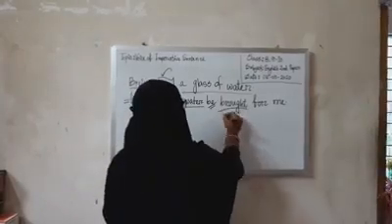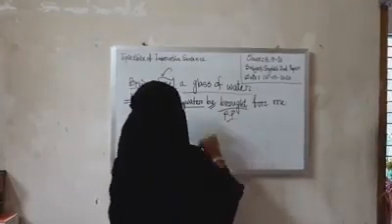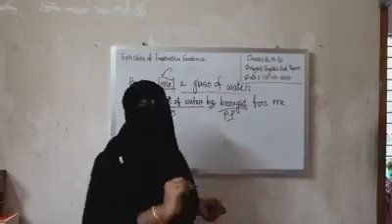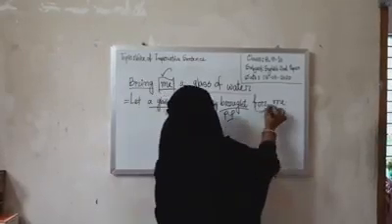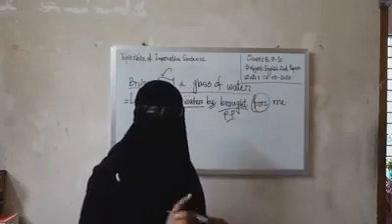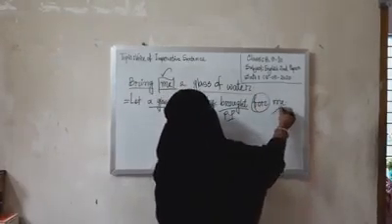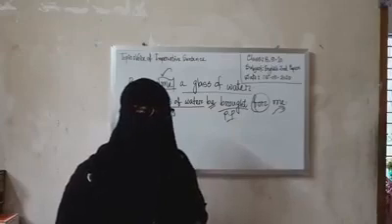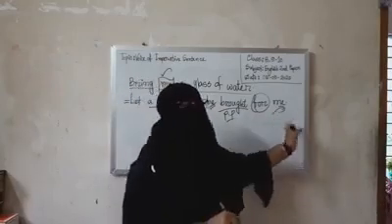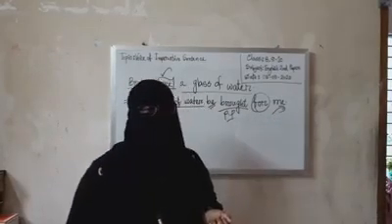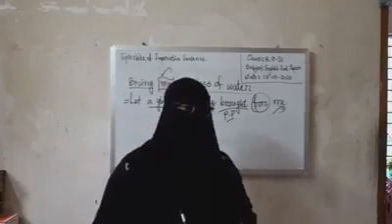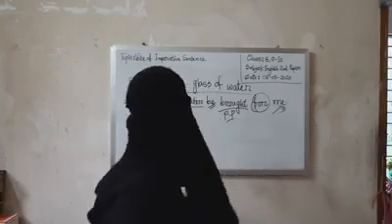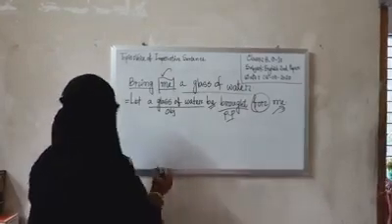Then the past participle form of the verb, and then we have to use for, and then the personal object. Do you understand? I think you understand. Let me give another example.